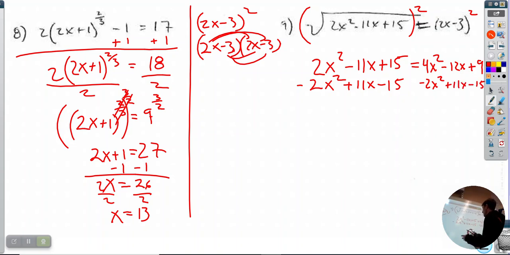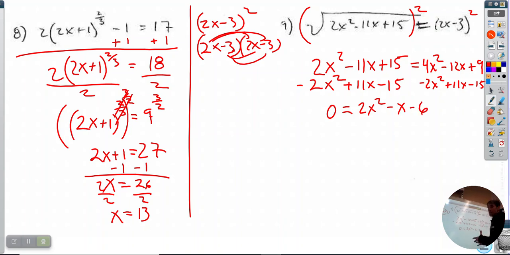And that's going to get me 0 on the left side. I like 0. 4x squared minus 2x squared is just 2x squared. That's going to leave me with negative x, because negative 12 plus 11, well, that's just negative 1. And then I have 9 and 15. That's going to get me negative 6.